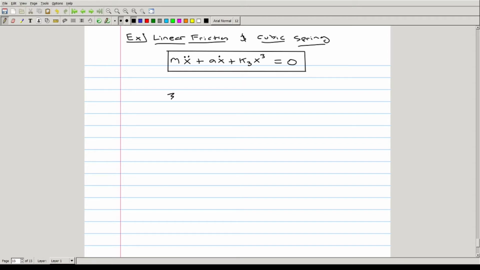And this differential equation is equivalent to the first order system of differential equations.